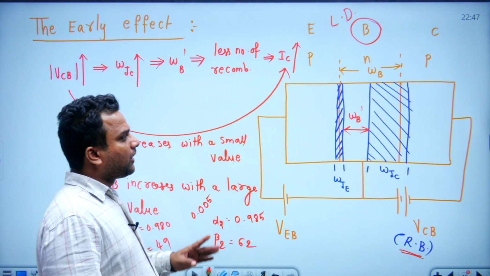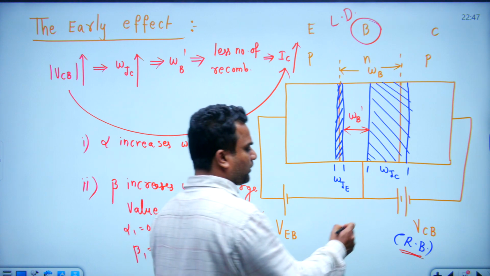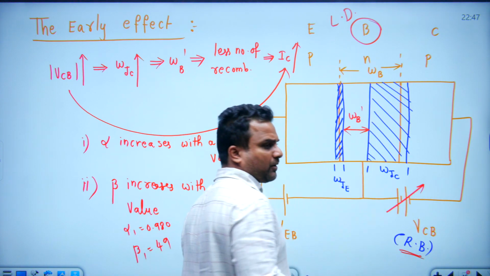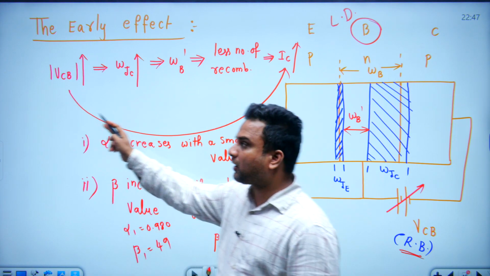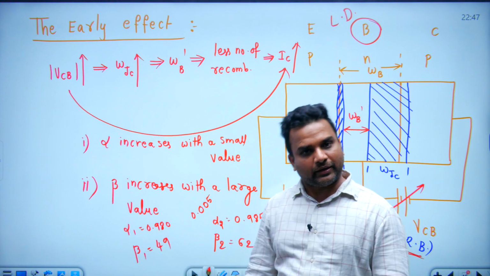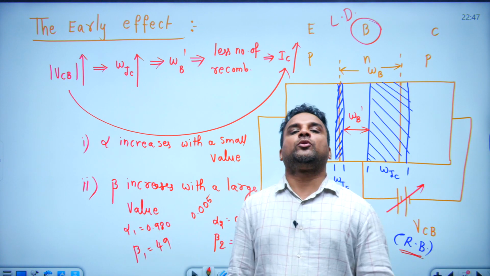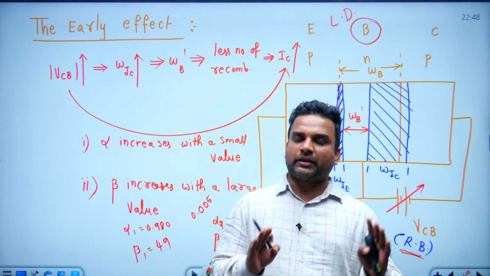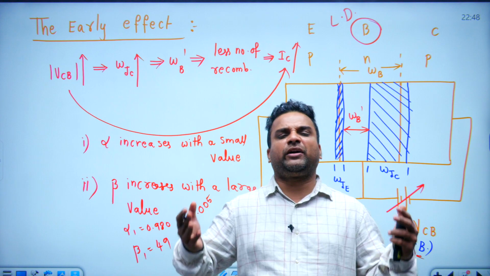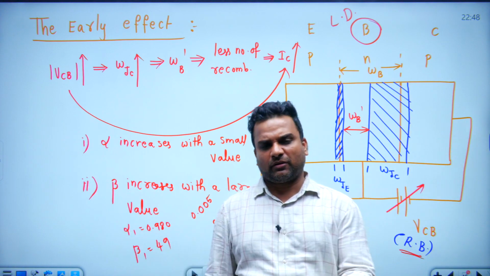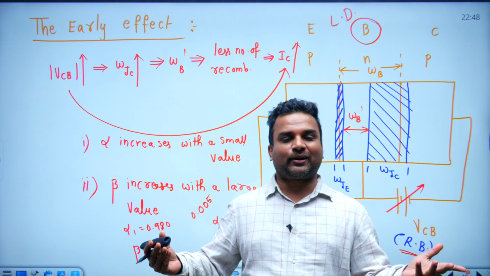Guys, coming to the third point, whenever you increase VCB to a very high value, because you can ask me, sir, by increasing VCB you are getting more collector current, right? Yes, whatever you said is absolutely true. When you increase VCB, collector current increases, true. Sir, then you can apply a very high VCB so that you will get more and more collector current.